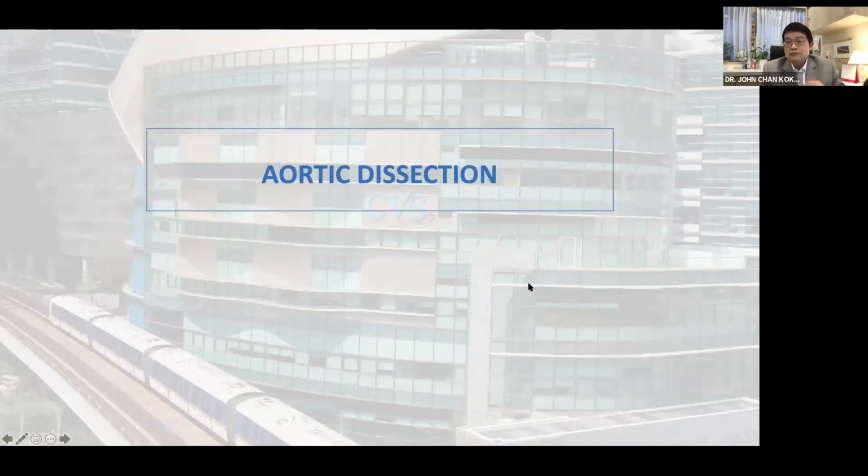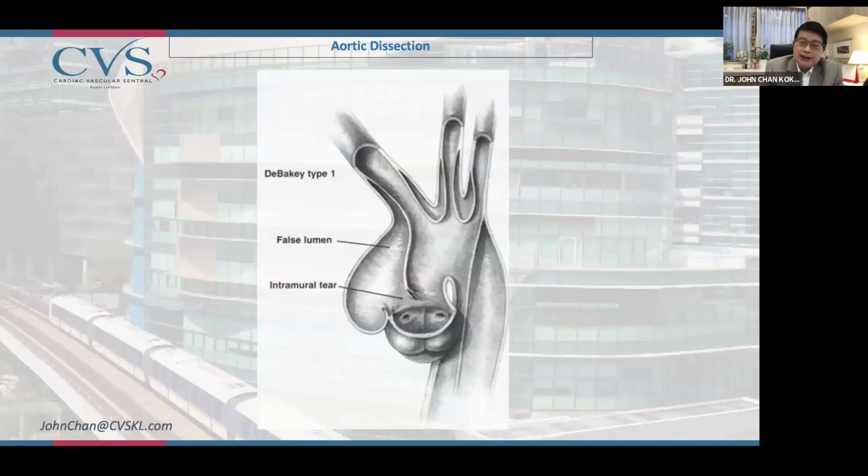So we focus first of all on aortic dissection. Aortic dissection is, as we know, a tear in the aorta. The aorta typically has three layers, and what happens in aortic dissection is that one of the layers of the aorta gets torn. Typically, this is due to high blood pressure, which is the most common risk factor for aortic dissection.